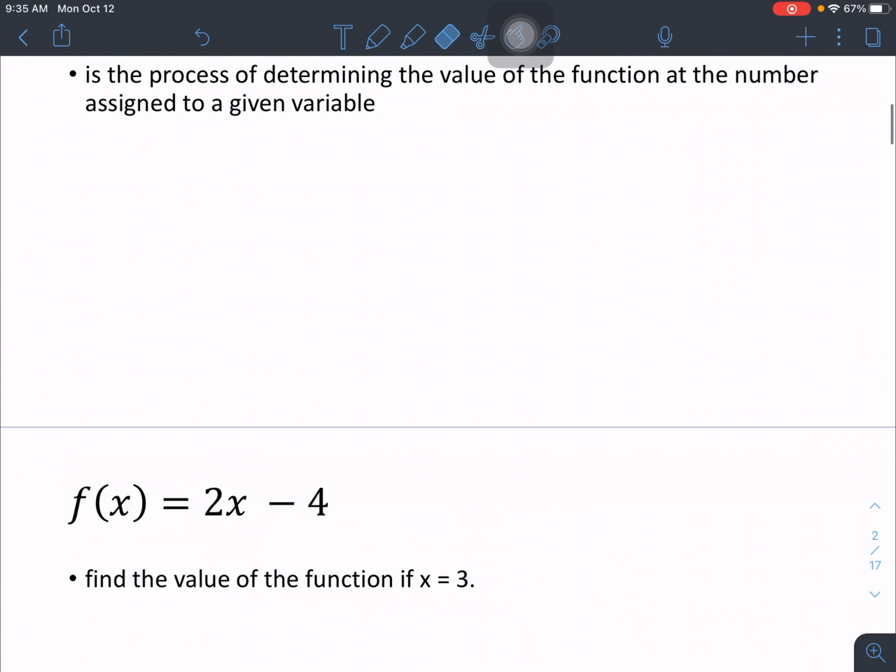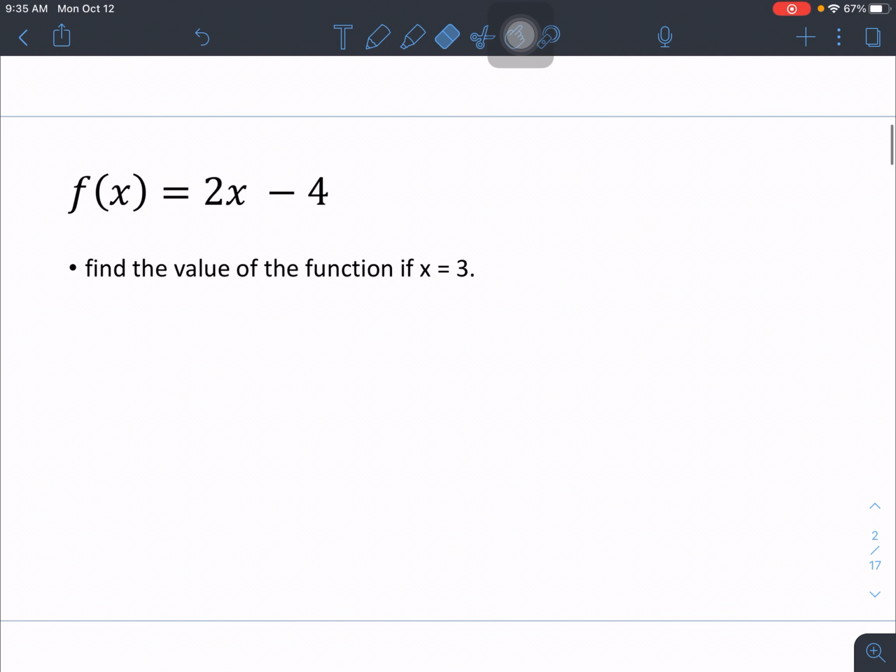Okay. So for example, if the function is given as f of x is equal to 2x minus 4, we need to find the value of the function. What would be the value of the function if our input is x is equal to 3?